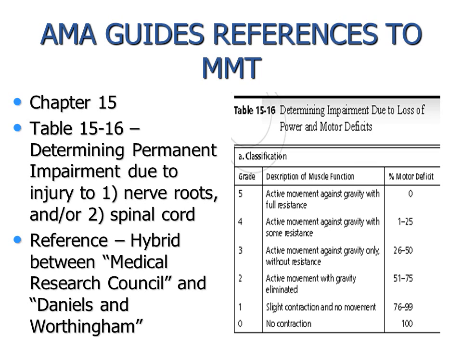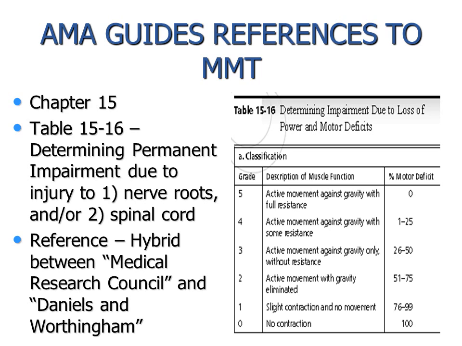So Table 15-16, you'll notice, is divided into 3 columns. And each one of the columns uses a different grade to describe our findings on physical exam. For example, if we have an active movement against gravity with full resistance, in other words, we have an active joint movement, and what is it that moves joints? It's muscles.